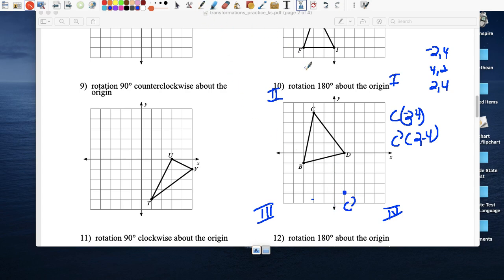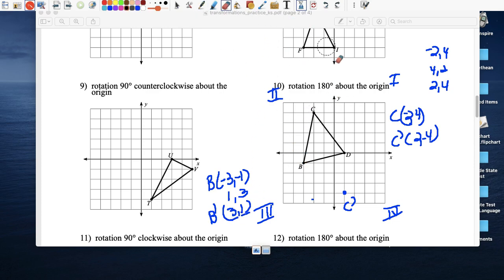Point B, point B is at -3, -1, switch positions, becomes 1, 3, switch positions again. And B is going to go from quadrant 3 to quadrant 2 to quadrant 1. In quadrant 1, everybody's positive, so the actual point is 3 and 1.